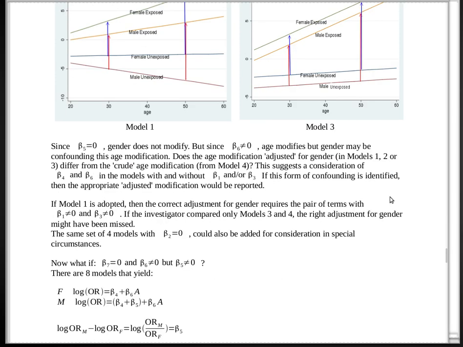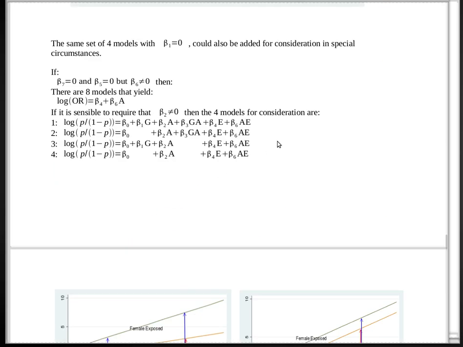So what we're seeing here is that if at the end of the day we believe we should adopt model 1, that's saying that the correct adjustment for gender requires both the terms beta 1 and beta 3. Okay? Now, if it turns out that the key ingredients here, this almost always involving beta 6, does not change materially, right?